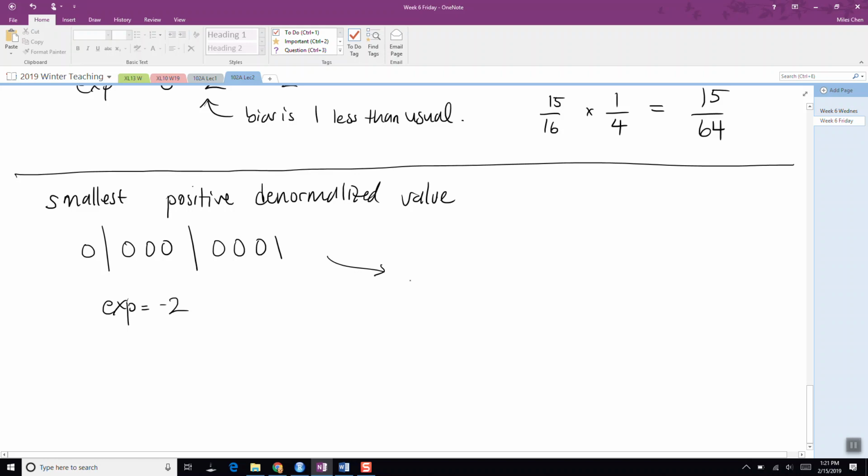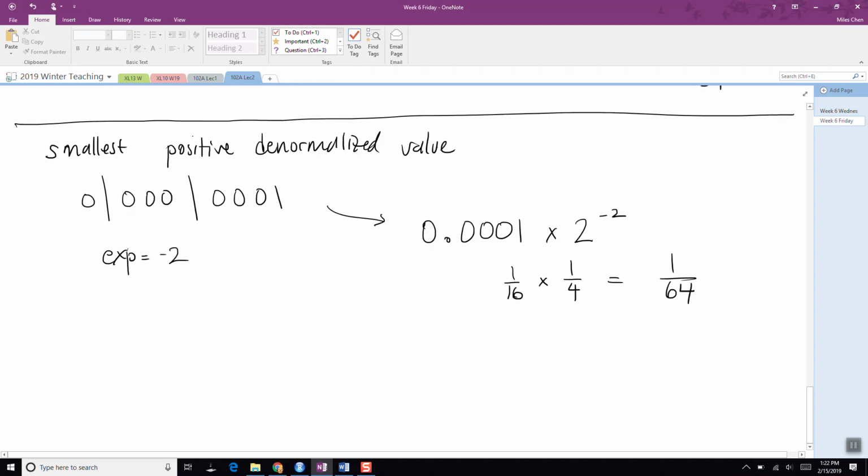And then with the mantissa, I'm going to have 0.0001 times 2 to the -2. And so this becomes 1/16 times 1/4, and I get 1/64. Okay, because this is the half, quarters, eighths, and sixteenths.